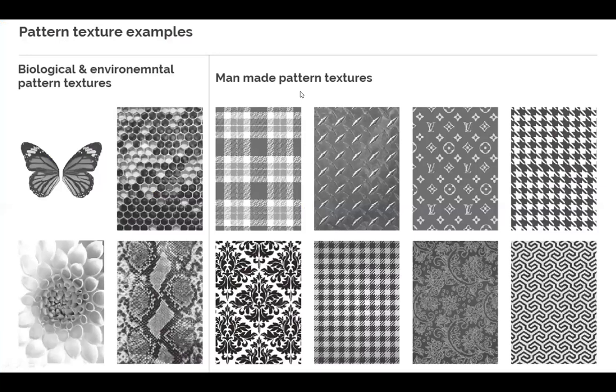So when it comes to pattern texture, we also have examples. We have biological and environmental, combined together here. You see here, these are environmental. Like this one here is a beehive, the comb which is found in a beehive, okay?